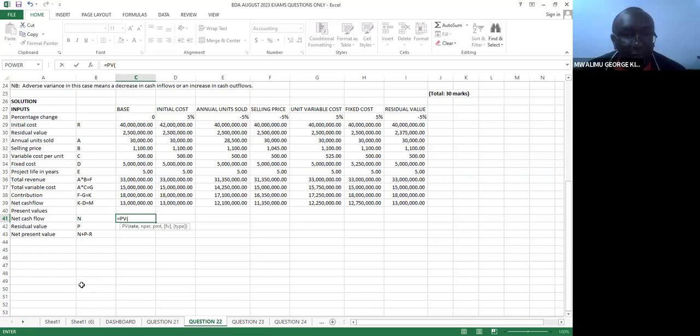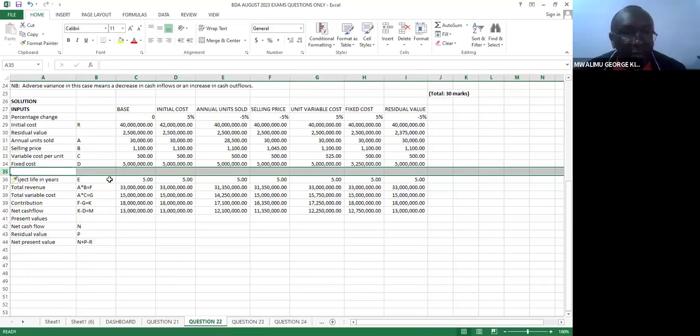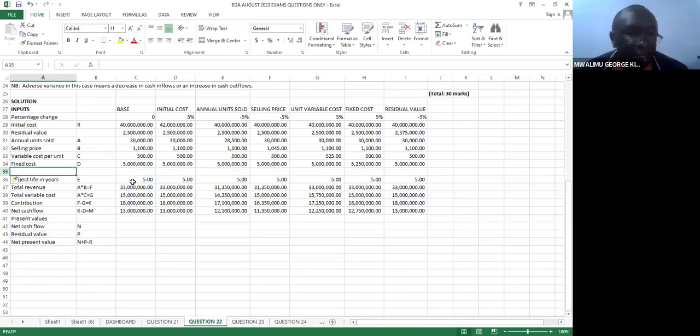I forgot to put the interest rate. So this one we have first of all to do away with it. Let's come here and insert. Insert either above or below, wherever you shall insert. It does not affect us. Interest rate.